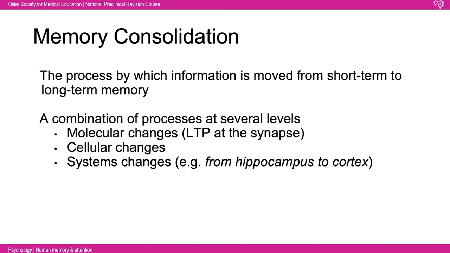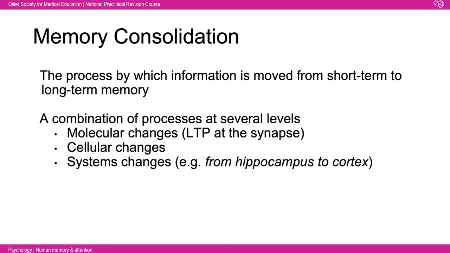So we have the short-term memory and we have the long-term memory, and obviously information has to move from the short-term to the long-term. And that happens through a combination of processes which occur at different levels. So on a molecular basis, at a synapse, you have long-term potentiation. That allows cellular changes.